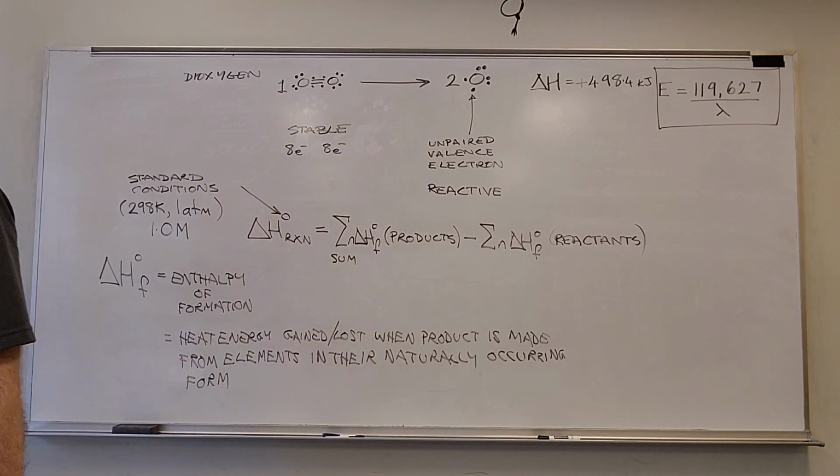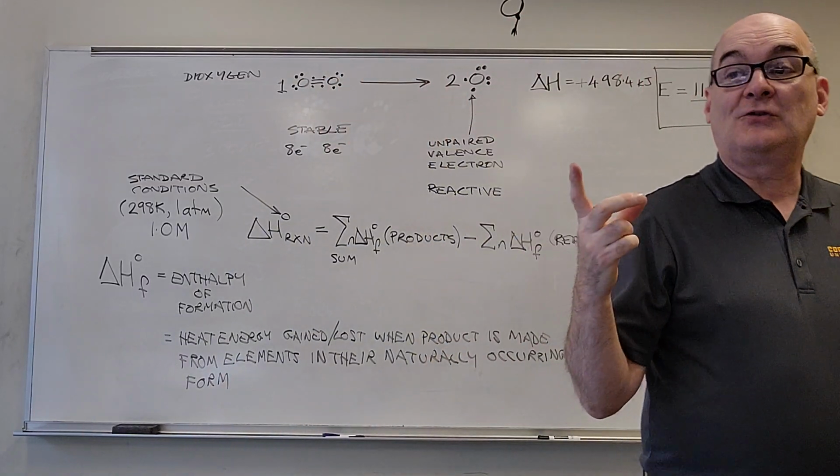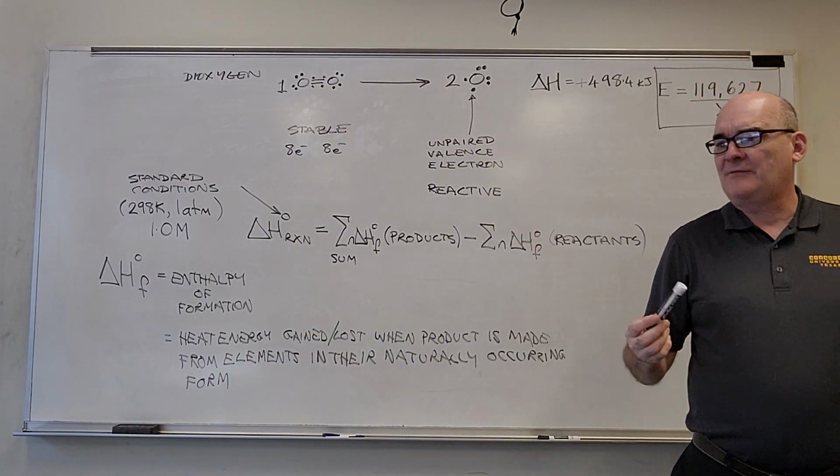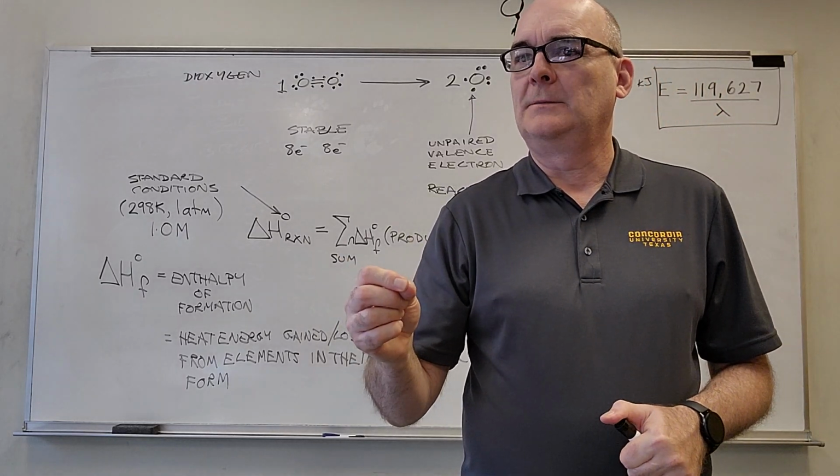All right, let's throw a few things at this. If we're making carbon dioxide, I need 1 atom of carbon and 2 atoms of oxygen. The naturally occurring form of carbon, graphite, like you're using in your pencil, is a solid.